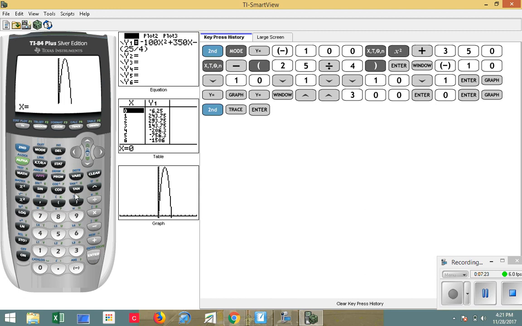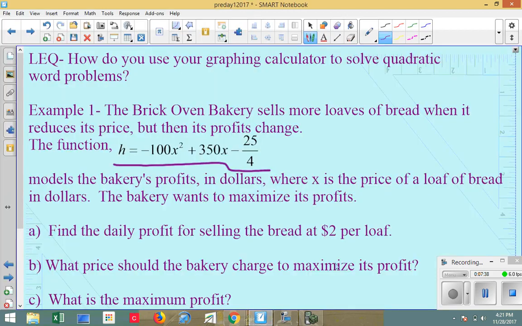Now it's allowing me to enter in an X value. I want to know when X is 2, so I'm going to enter 2. It tells me that when X is 2, 293.75 is my answer, $293.75. So you can see it's a lot easier using the graphing calculator.